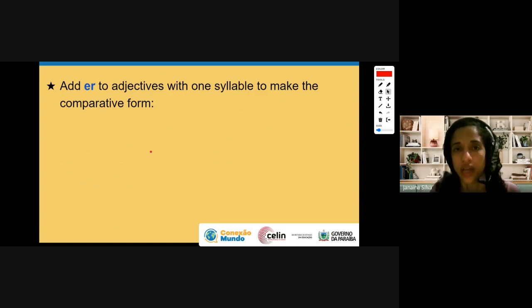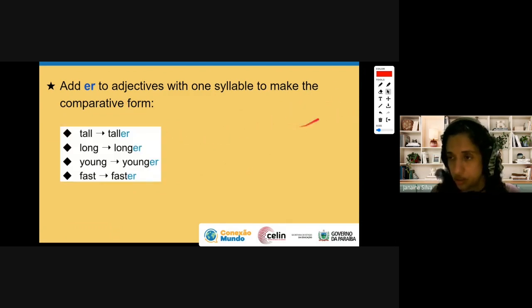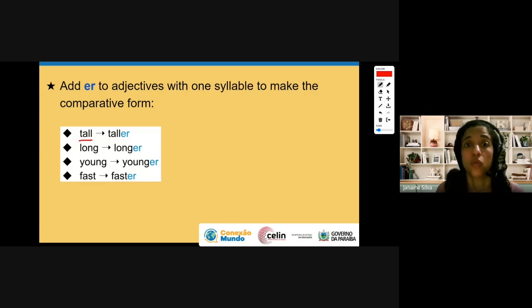So if you have a short adjective, like tall, for example, right? Short adjectives usually have 1 syllable.